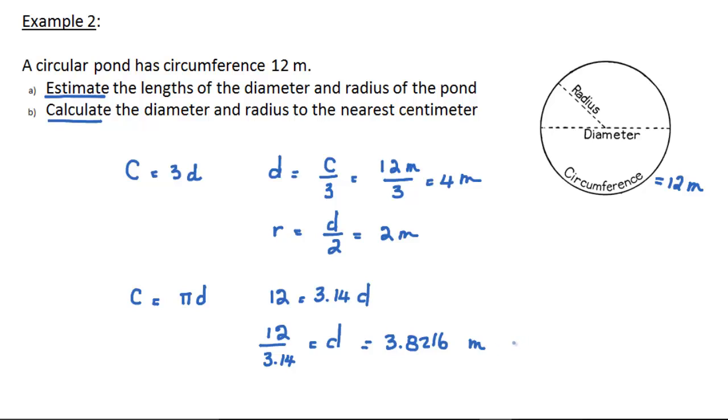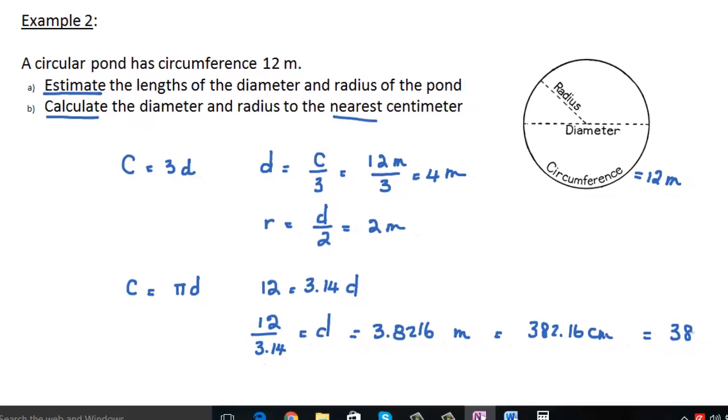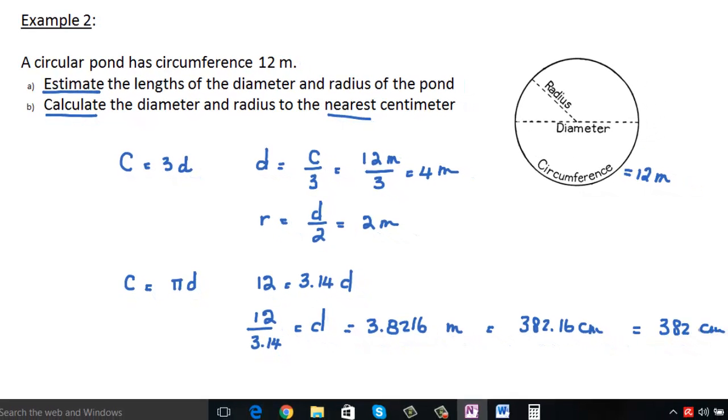As you know, 1 meter equals 100 centimeters, so that means 382.16 centimeters. But the question says nearest centimeter, so I don't accept decimals. That means 382 centimeters.